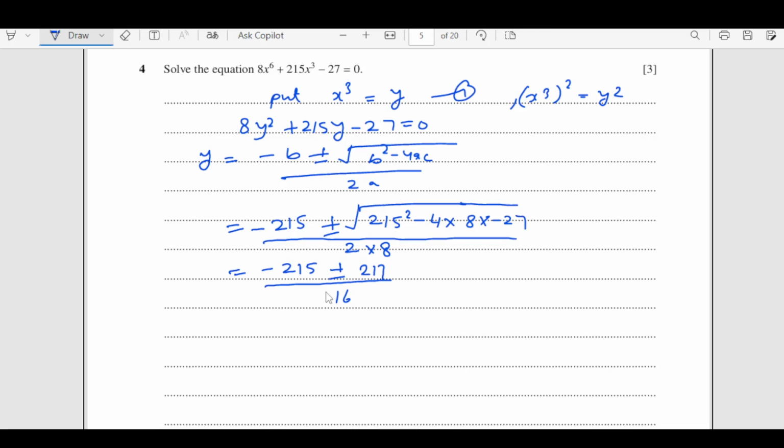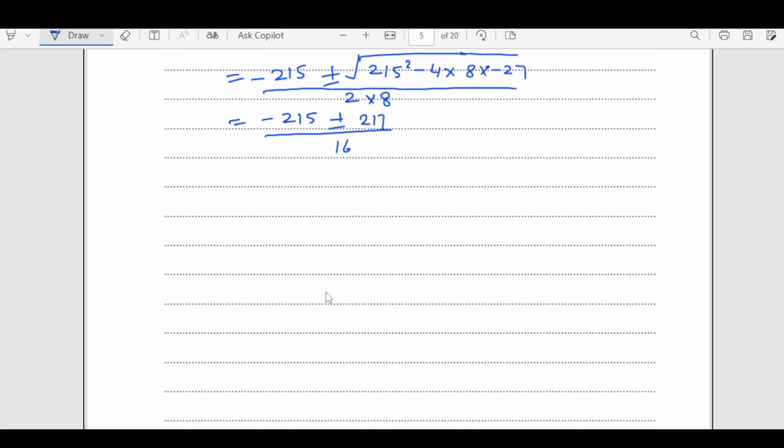So now from here we will have two options for y. Either y is equal to negative 215 plus 217 over 16, or y is negative 215 minus 217 over 16.